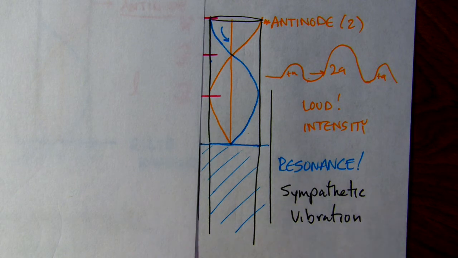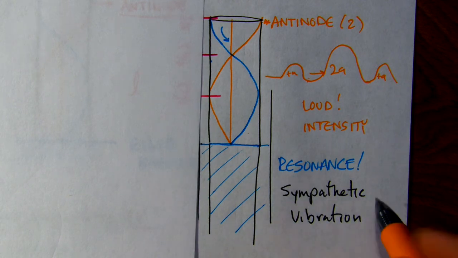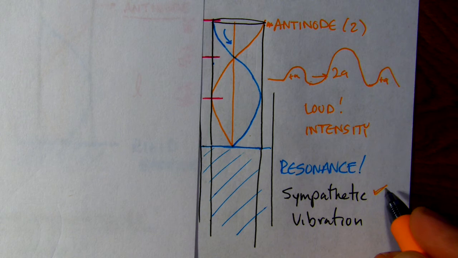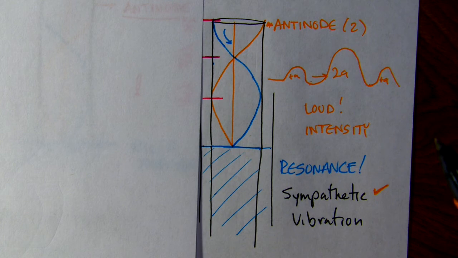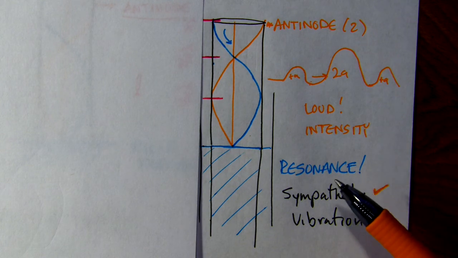Okay, so resonance is also known as sympathetic vibration. Now, what does that mean? Sympathetic, to join, to be the same, to agree, right? To accompany. And so if you've ever been in a car, for example, and your buddy plays the music too loud, you can see the rear view mirror actually vibrating.